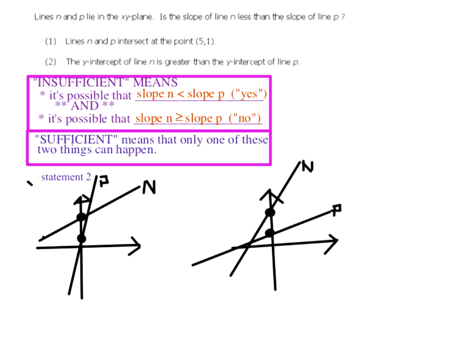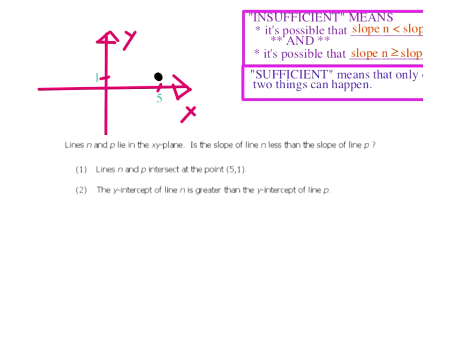That's a no answer. So this one's not sufficient either. Any questions about the individual statements? Okay, let's take all this fun stuff over to the next page and use the two statements together.